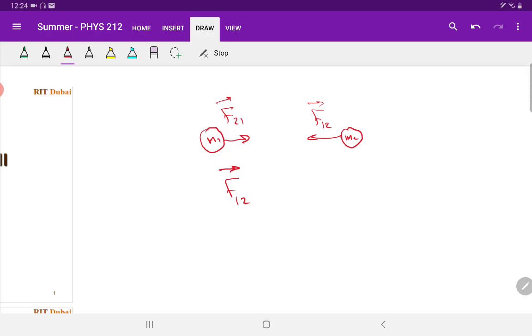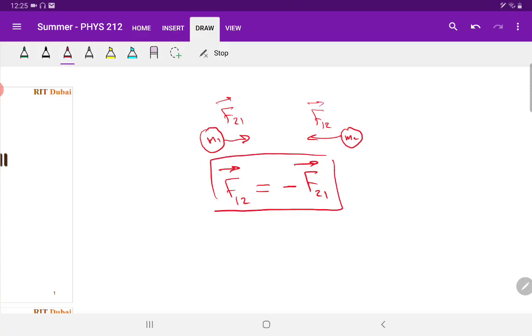We learn from Newton's third law that these two forces are equal in magnitude and opposite in direction, action and reaction. And we say F1,2 equals F2,1. That's what we did in the previous course.